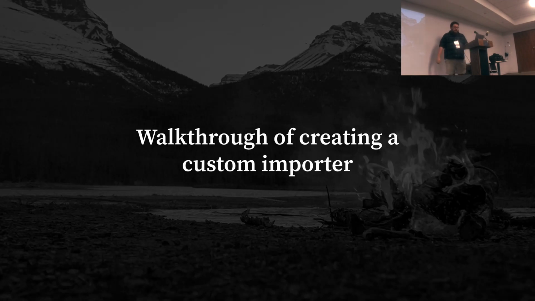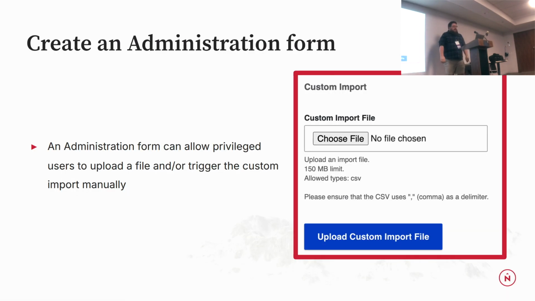So let's walk through, shall we? One thing I always recommend is creating an administration form. This is kind of a basic one. This is an example of an import file, so maybe someone's importing a specific file. But whether it's a file or maybe a URL from a custom API or something like that, allowing someone to trigger it manually is really important, I find, because, and we'll get into scheduling later, sometimes you want to run it now.